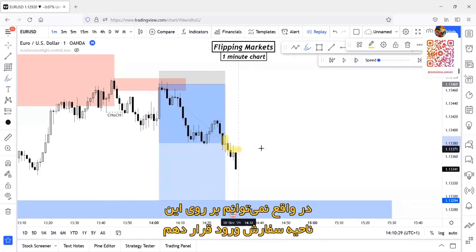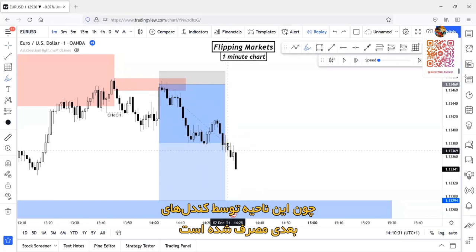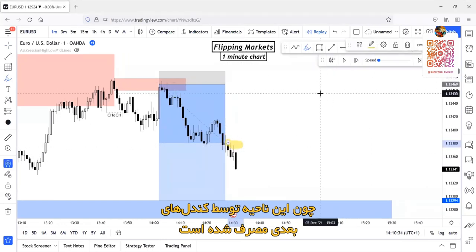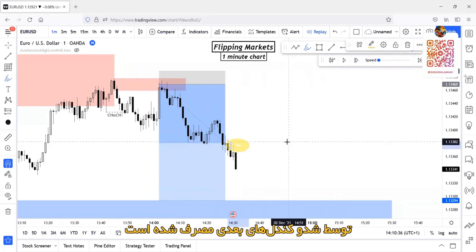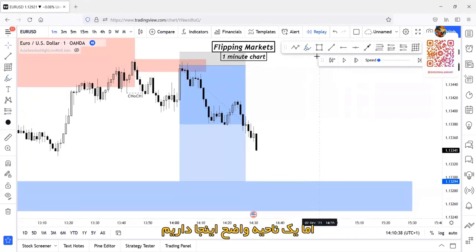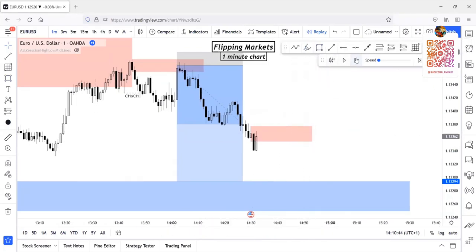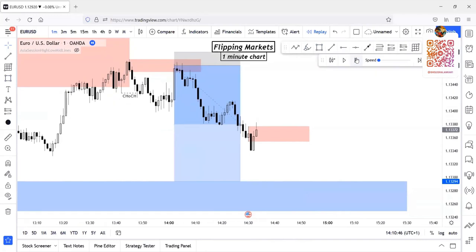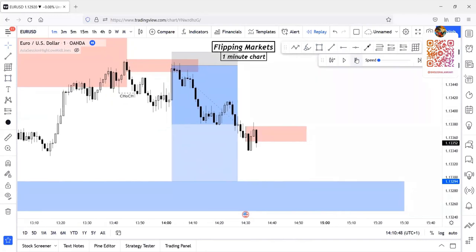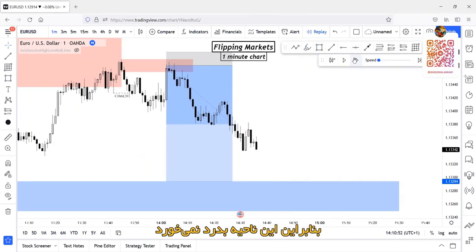Actually, I couldn't set an order on this zone because, as you can see, this is already mitigated by the candles, I mean the wicks of the following candles. So yeah, but we have a clear zone here that created an efficient move again. Okay, that's actually broken. So this is irrelevant.